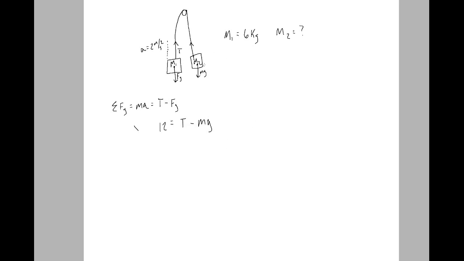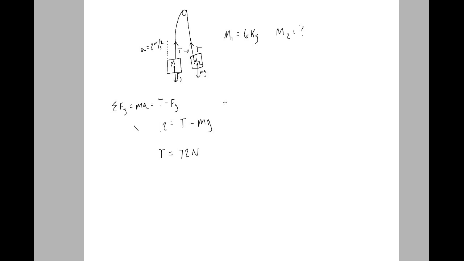And on a lot of the free response problems, you can assume g is 10. So 6 times 10 gives me 60. I add 60 to both sides, I get a tension force of 72 newtons. That tension force is equal to this tension force.